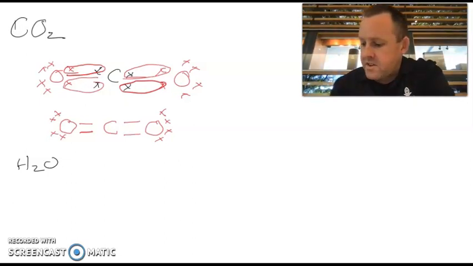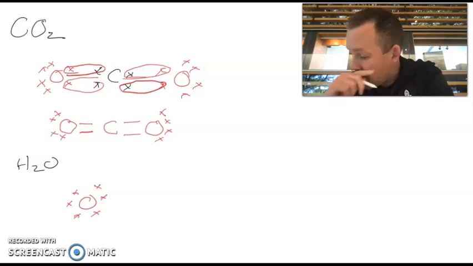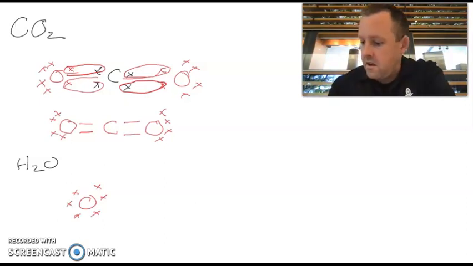So H2O, I'm going to start off with oxygen in the middle, and it's got its 6 valence electrons. And if you're ever unsure, oxygen's in group 6, so it's got its 6 valence electrons. What will happen is, let me just change colour. Hydrogen will come along, it has 1 valence electron.